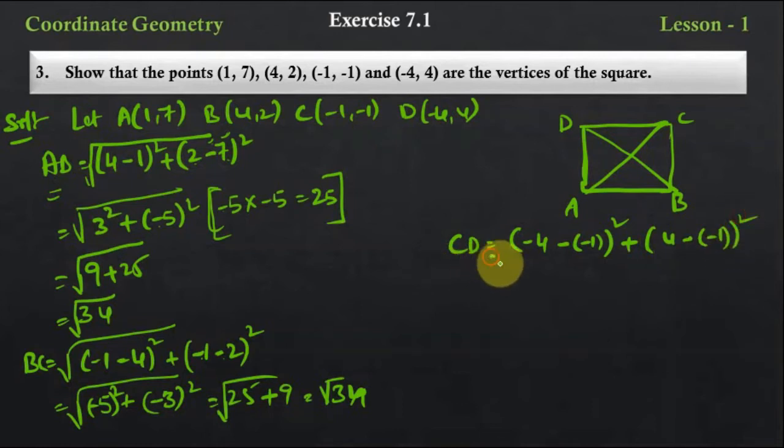Okay, under root. So now minus 4, minus, this will become minus into minus, plus 1, whole square, plus 4 minus into minus, this will become plus 1, whole square.